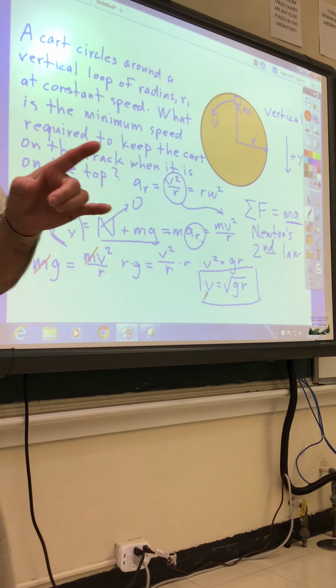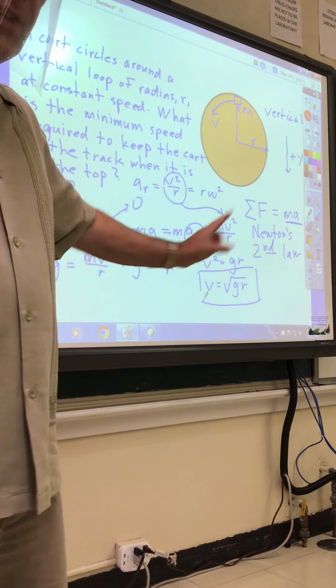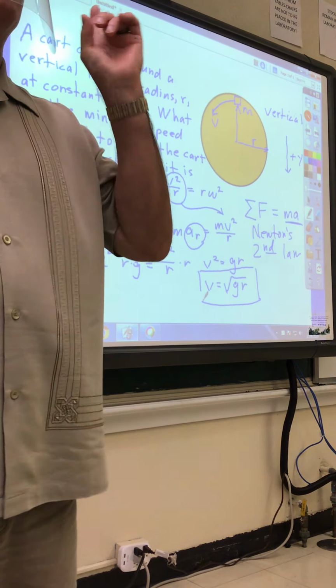Now understand something. This equation only applies if you're barely staying on the track. So it only applies for that situation.